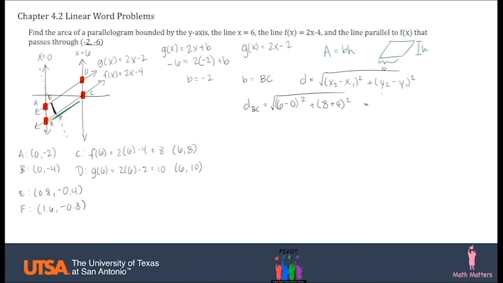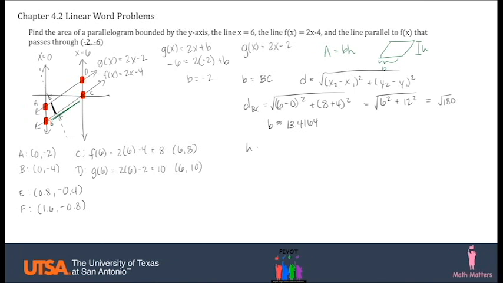And then we can simplify this so it becomes 6 squared plus 12 squared. So this is the square root of 180. Then when we plug this into the calculator, we get that our base is going to be about 13.4164 units.